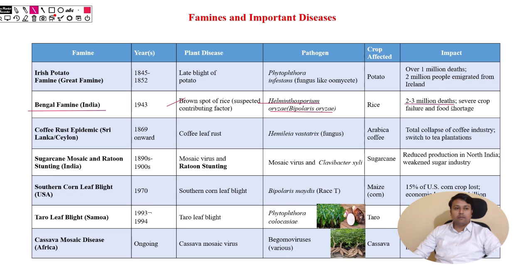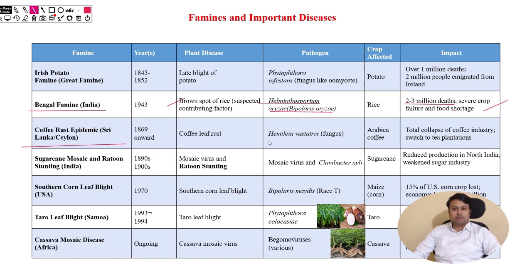Around 2 to 3 million people died due to this single disease. Some also say that political reasons contributed to this famine-like situation in West Bengal.